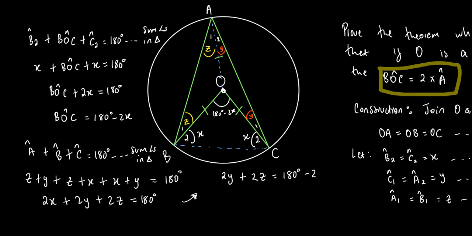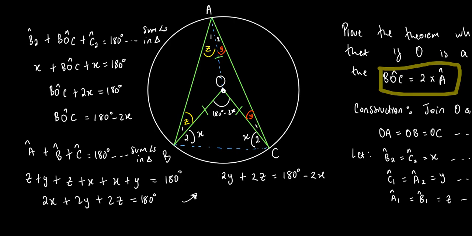Are we together in terms of how we did that? Oh, my apologies. Are we still together? It's 180 minus 2x. Okay, perfect.